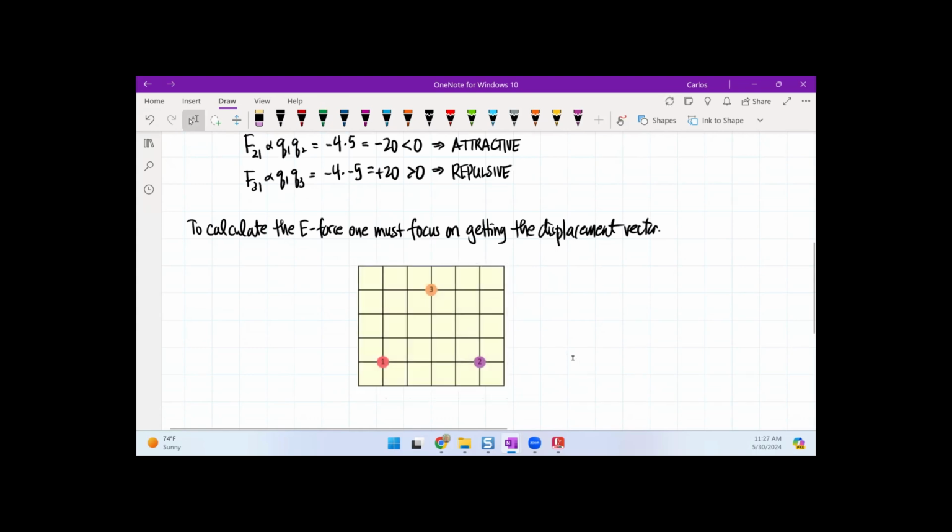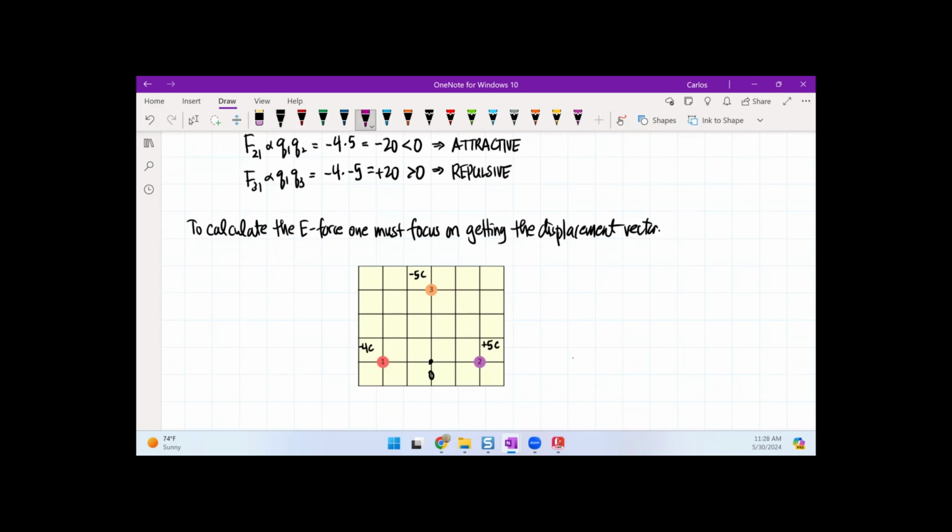Picture-wise, I'm going to say that this is the origin. If I look at the force of 2 acting, remember, this charge is -4 coulombs, this is -5 coulombs, and this is +5 coulombs.